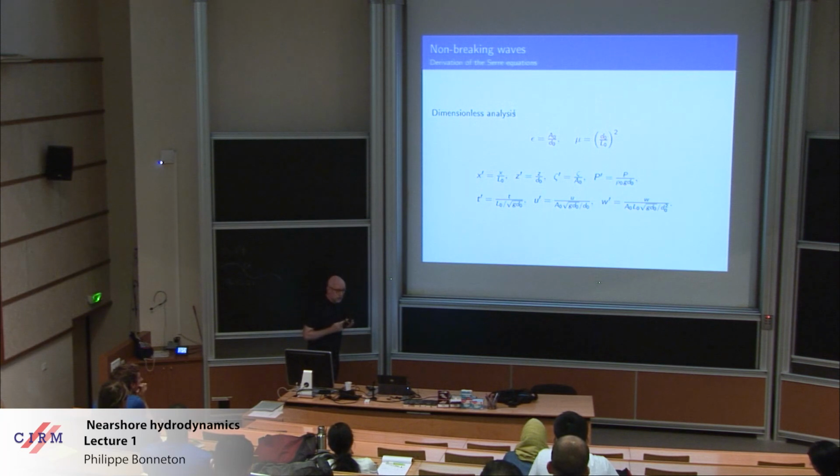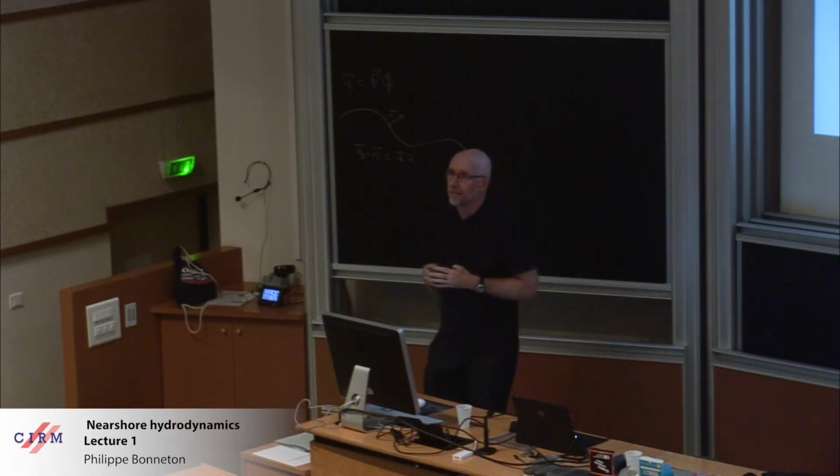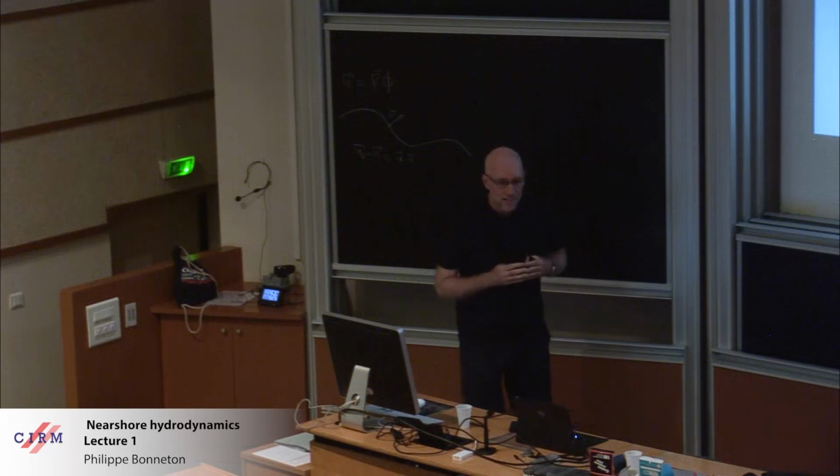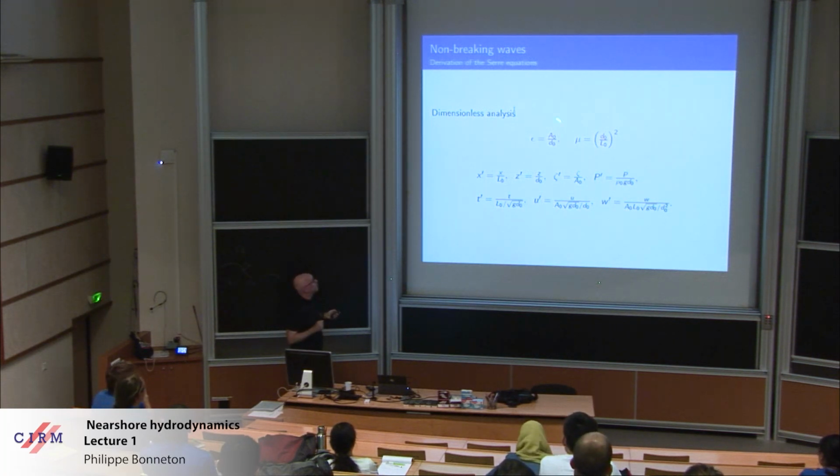So I sum up the equation system. And now we will perform a dimensionless analysis, which is the main tool of physicists. We have seen that our wave problem is mainly controlled by two dimensionless parameters: epsilon, the nonlinearity parameter, and mu, the shallowness parameter.